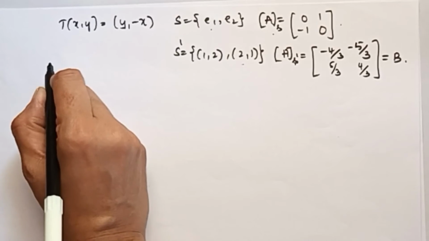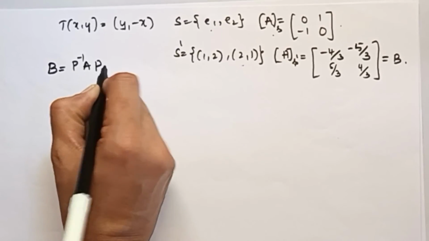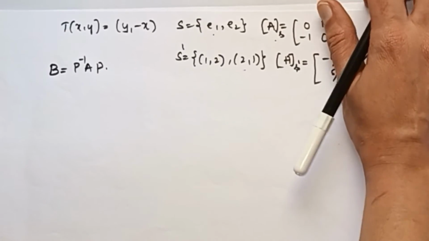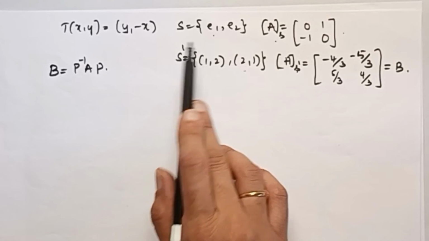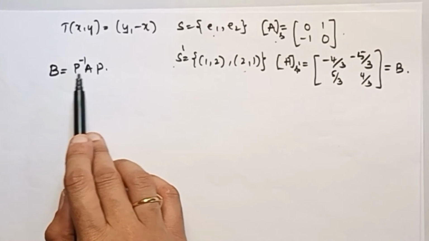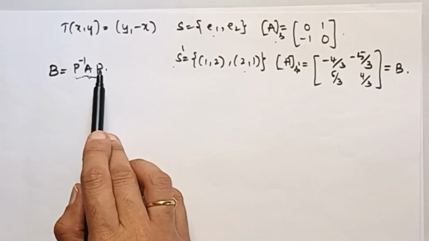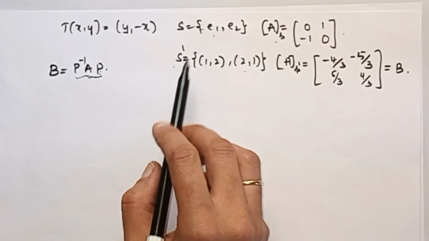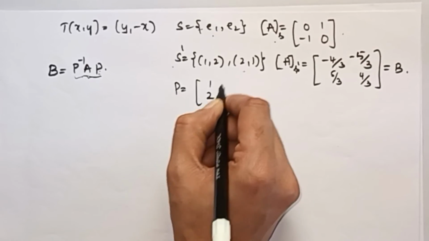Because you can write B equal to P inverse A P, meaning the matrix of the transformation with respect to any other basis can be written as a product of these matrices, where P is the matrix of change of basis from S to S dash. See, we got P as 1 2 2 1.